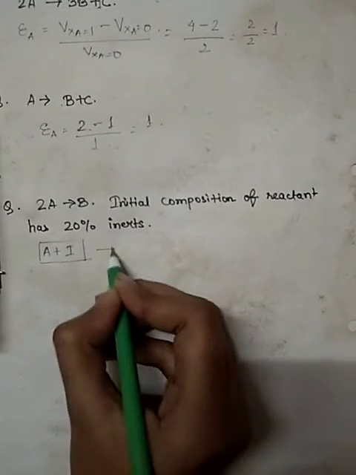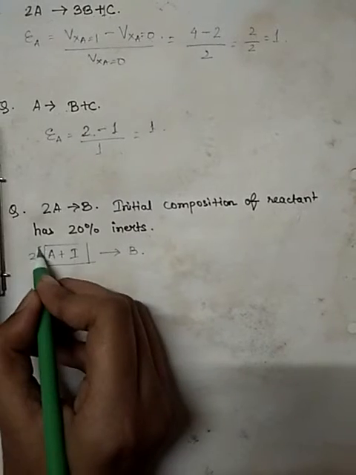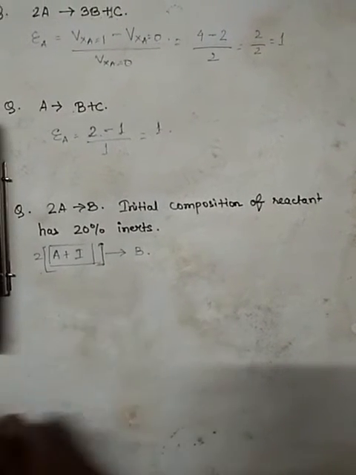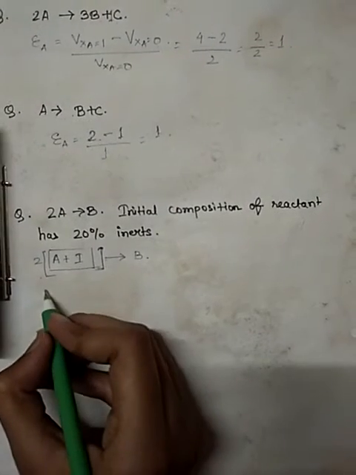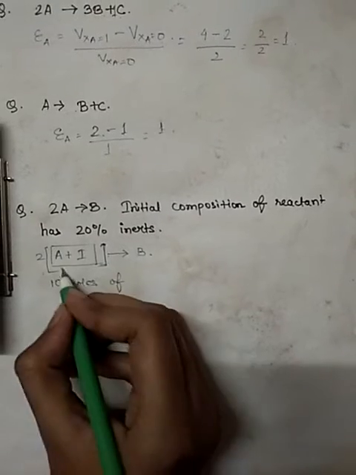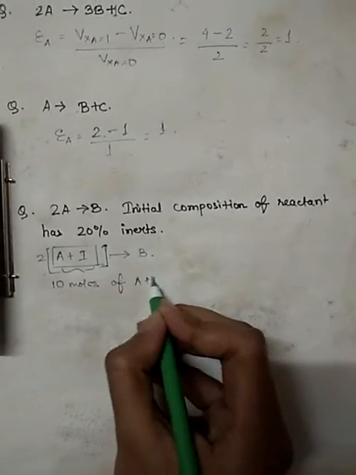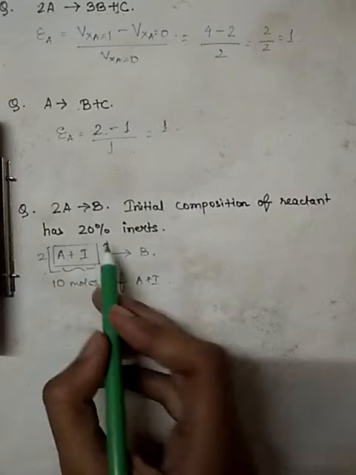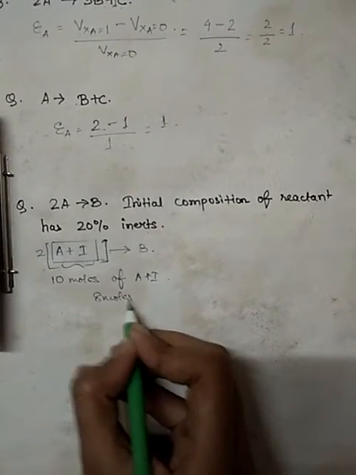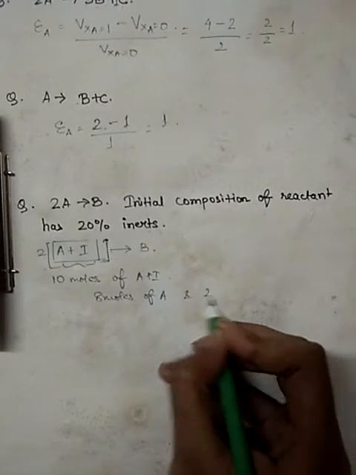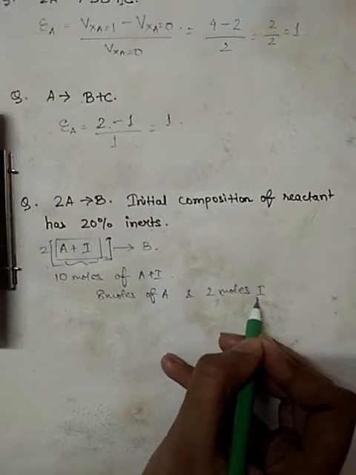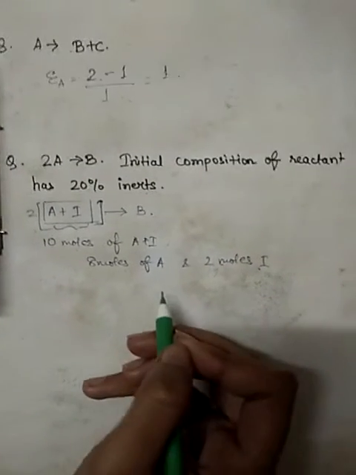That gives you B. So it's very clear, first of all, that say if there is 10 moles of this entire mixture, A plus I, then out of that they are saying 20% inerts. That means 8 moles of A and 2 moles of I. 20% inerts of 10 moles is 2 moles of I, and 10 minus 2 is 8 moles of A.